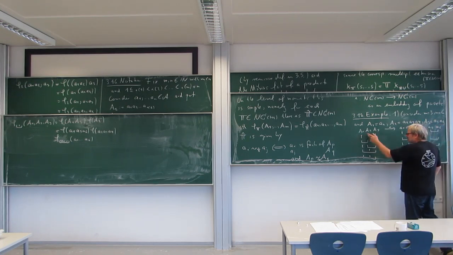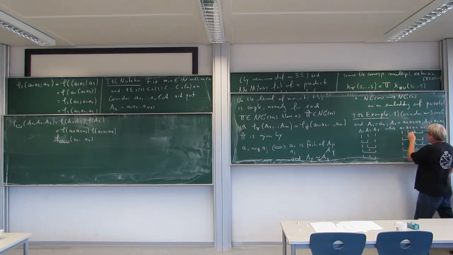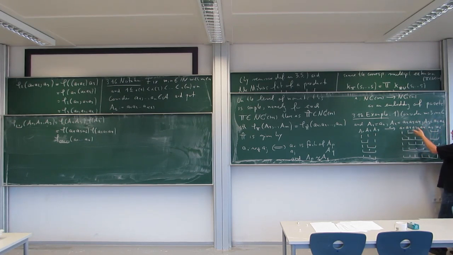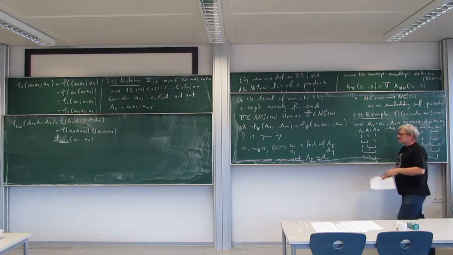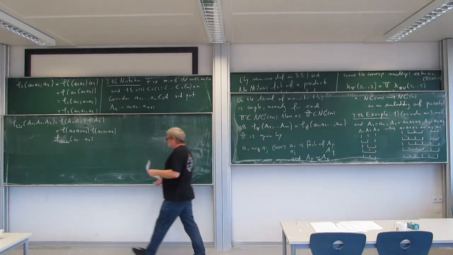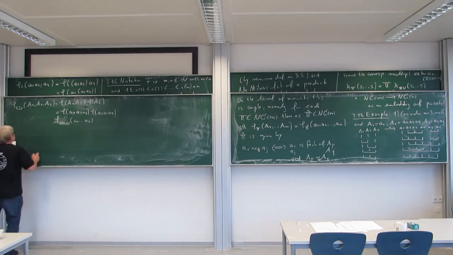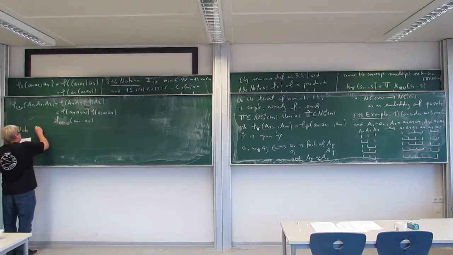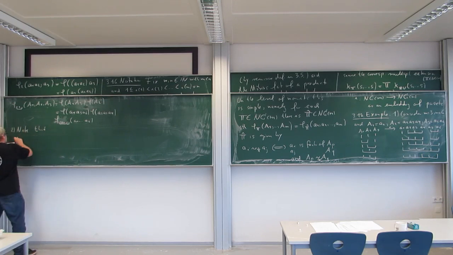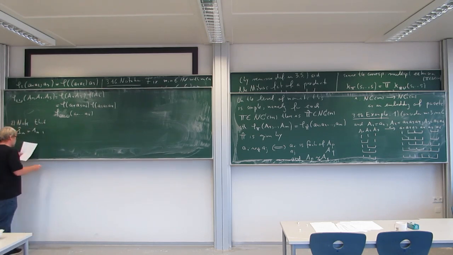Because I mean, each singleton here becomes actually a block which is of the size of how many factors I have in the corresponding A. So this mapping has the properties, so note that the image of the maximal element in NC of M is the maximal element in NC of N. Okay, but for the minimal elements, this is not true.